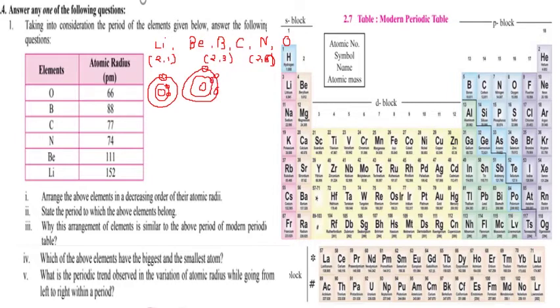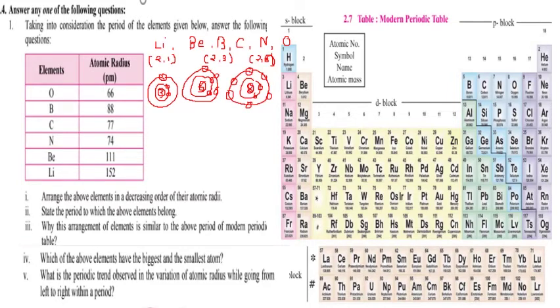And in oxygen, the outermost orbit contains 6 electrons. The number of protons in the nucleus of lithium is 3. Here the number of protons is 5. And here the number of protons is 8.